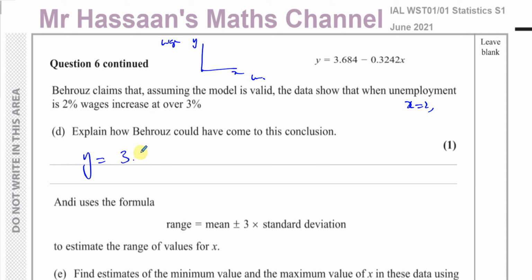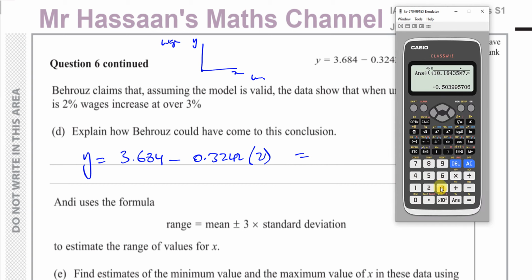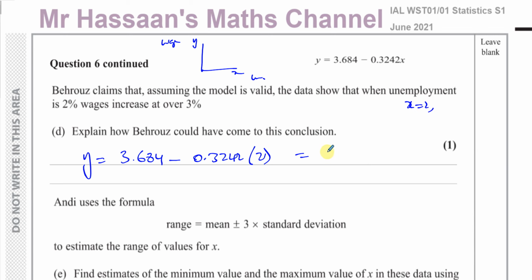So you say 3.684 minus 0.3242 times X, which is 2. Let's see what that gives us. Stick that in the calculator: 3.684 minus 0.3242 times 2. It gives us 3.0356.